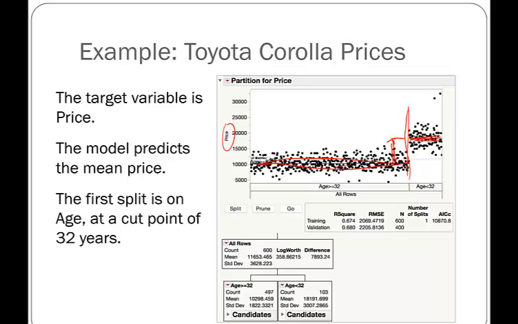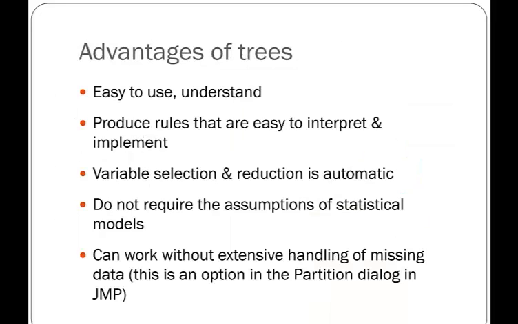So why are trees good? First of all, they're easy to use and easy to understand. You can go and explain to anybody, technical or non-technical, what the rules mean, and they're based on the input variables, so pretty straightforward. The variables that are most important are the ones that show up first in the tree, and so this can be used for variable selection.